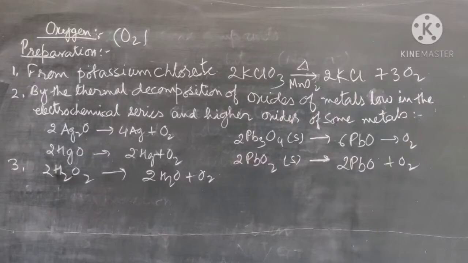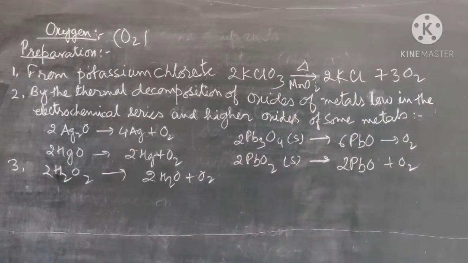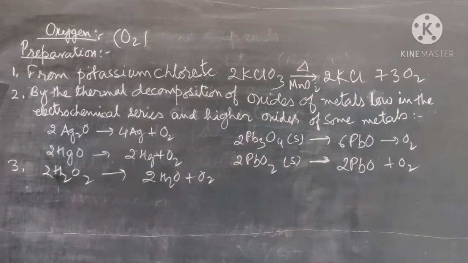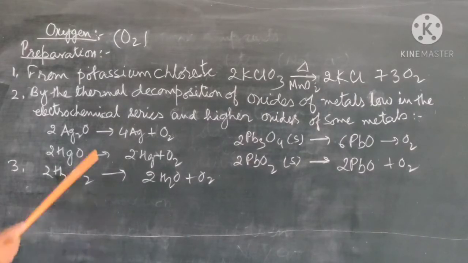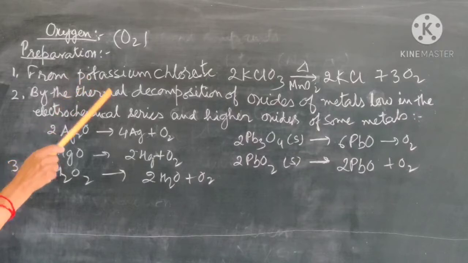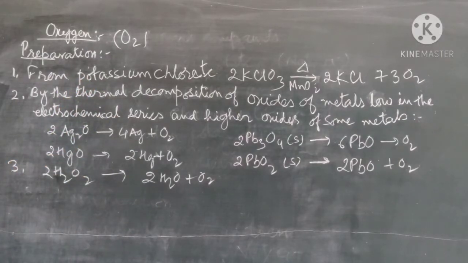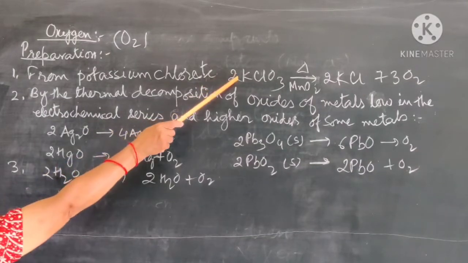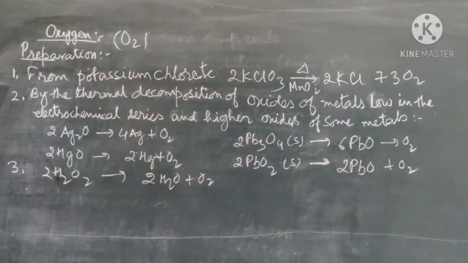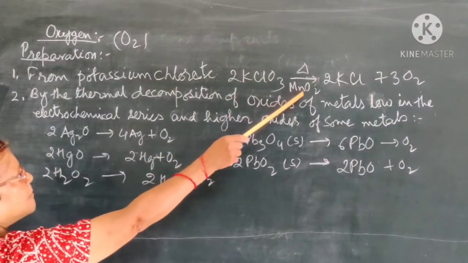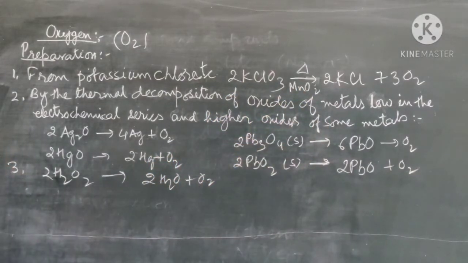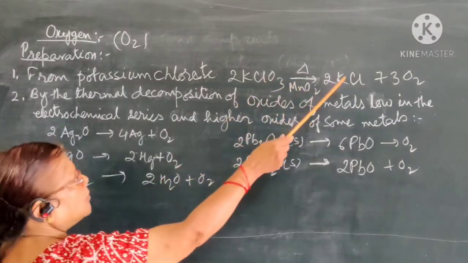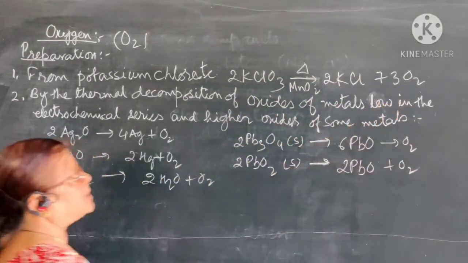First, for the preparation, dioxygen can be obtained in the laboratory by the following methods. In the laboratory we can prepare it by heating potassium chlorate, or you can say by the decomposition of potassium chlorate. Potassium chlorate is rich in oxygen, and when it is strongly heated in the presence of manganese dioxide, it breaks down into potassium chloride and oxygen gas.